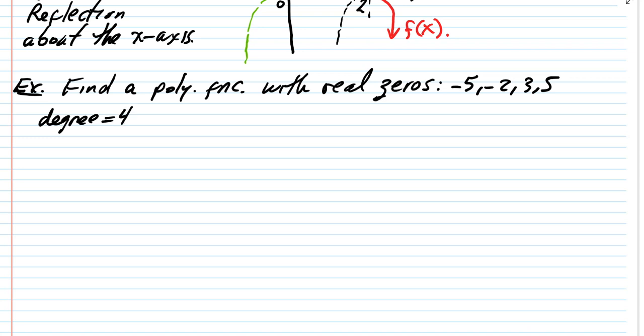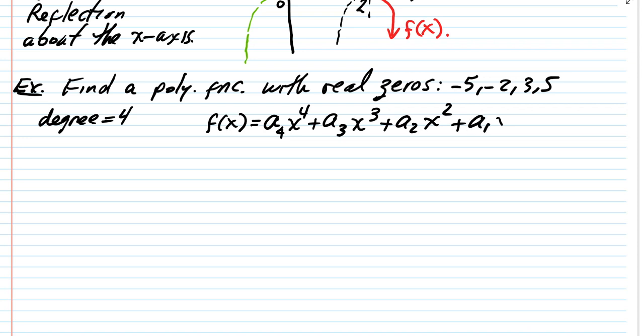Degree equal 4. Now remember the general form of a fourth degree polynomial function is going to be a sub 4 x to the fourth, a sub 3 x cubed, a sub 2, and so on. Right? And that's the general fourth degree polynomial.